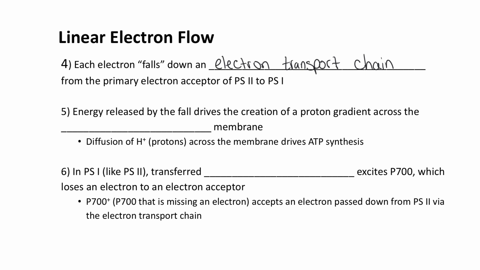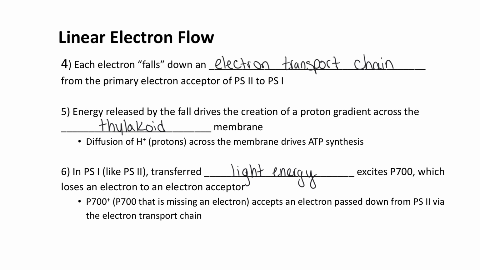Energy released by the fall drives the creation of a proton gradient across the thylakoid membrane. Diffusion of hydrogen ions, or protons, across the membrane drives ATP synthesis. In photosystem 1, like in photosystem 2, transferred light energy excites P700, which loses an electron to an electron acceptor.